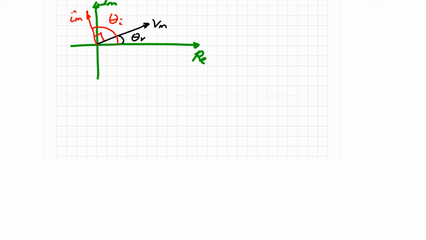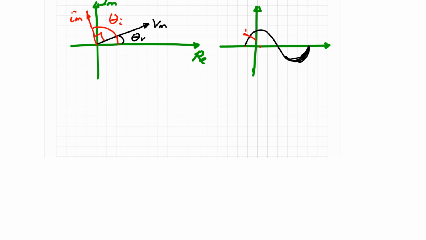In time domain, we have voltage like this. Current now is in lead by 90 degrees. So here would be the maximum when it's 0.